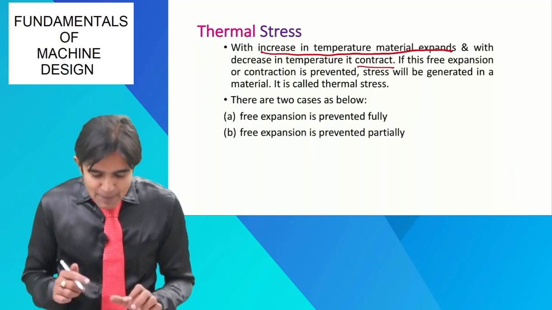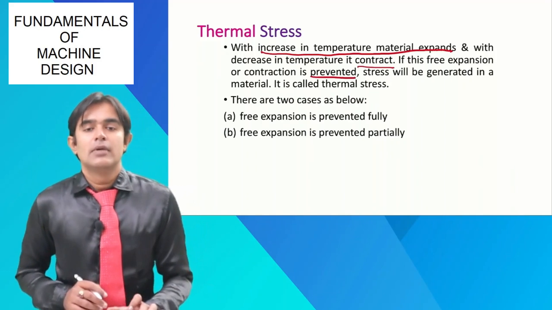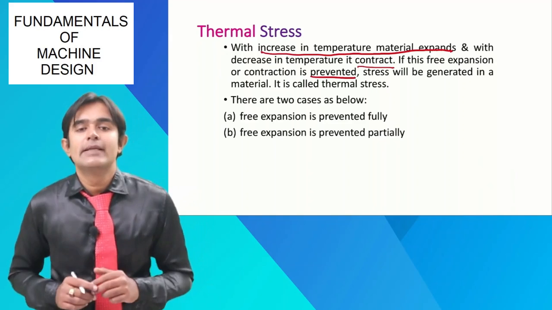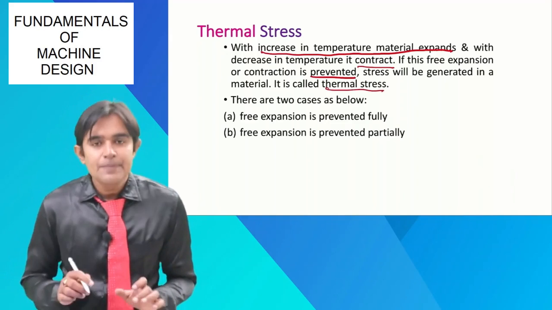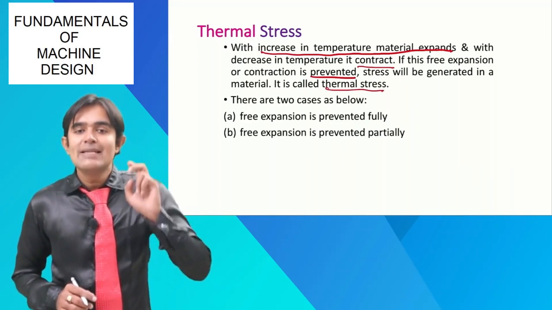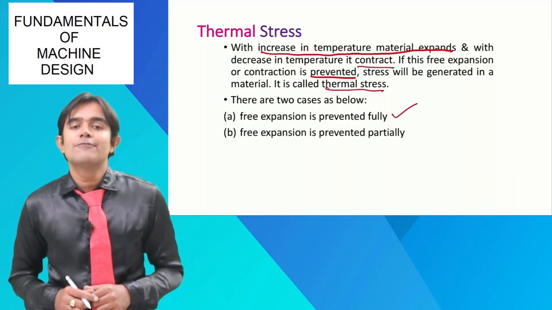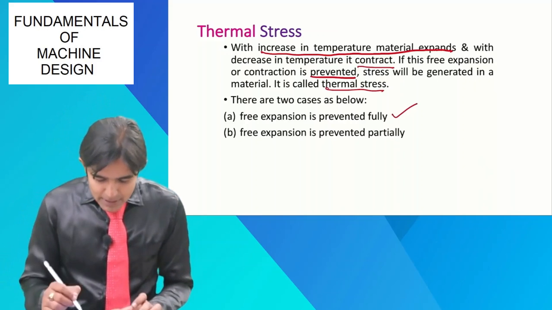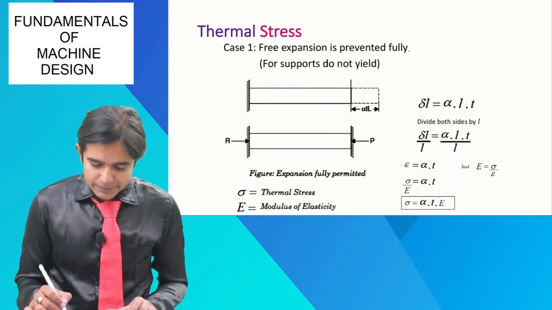If free expansion or contraction is prevented, then stress will be generated, and that stress is called the thermal stress. We will see two cases. The first one is if free expansion is fully prevented, and the second is if free expansion is partially prevented. Let us start with the first case.